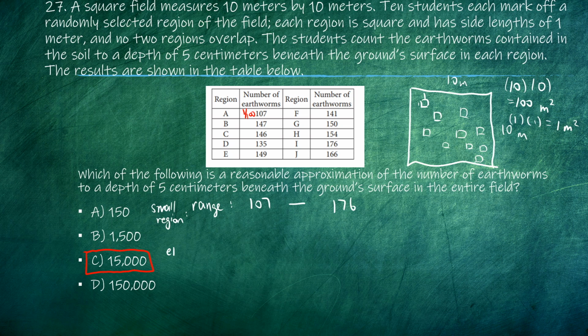And if we want to know the entire region, which contains 100 of these small regions, in theory it could range from 107 times 100 to 176 times 100. In other words, it ranges from this number to this number.